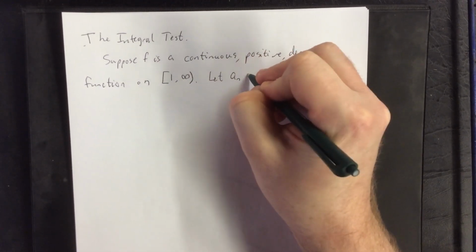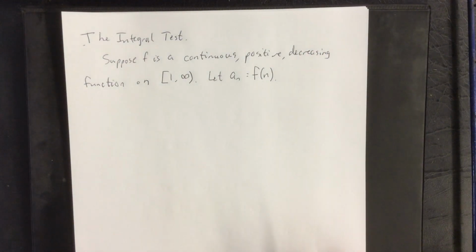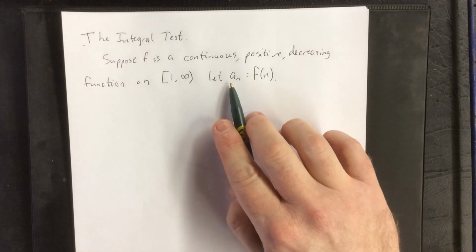Let a sub n be equal to f of n. Using terminology from the previous section, we're saying that f is the generating function for the given series.